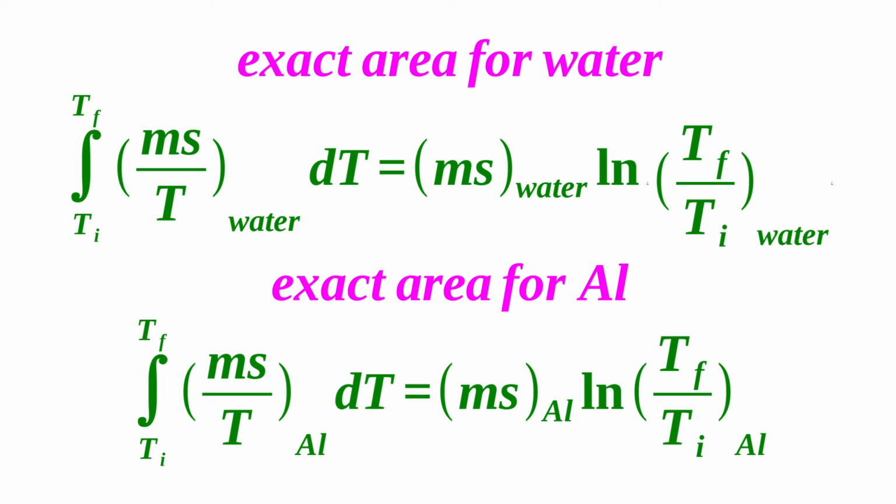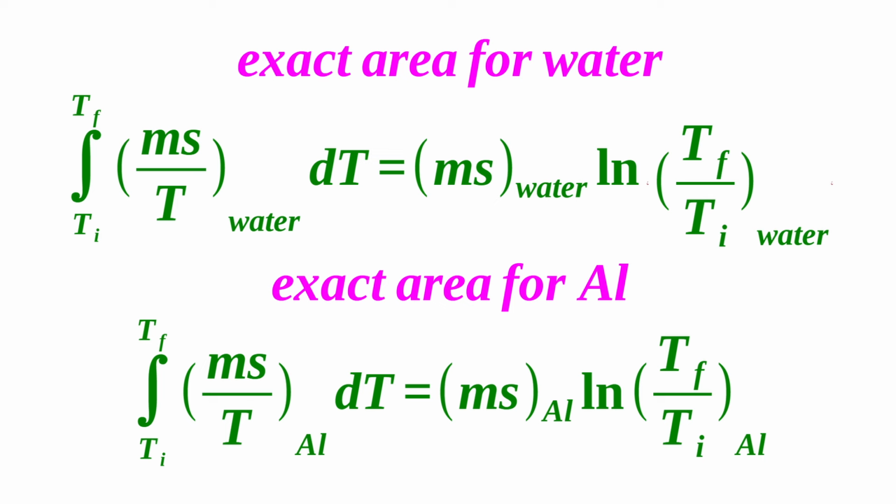Since ms is a constant, it is taken outside the integral. The indefinite integral of dt over t is ln t.